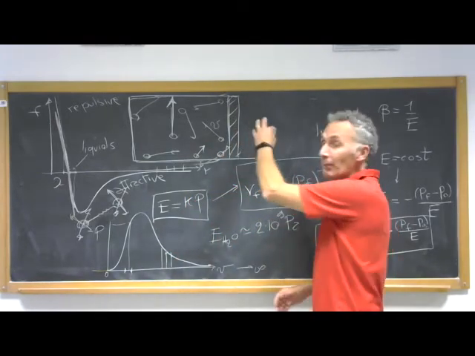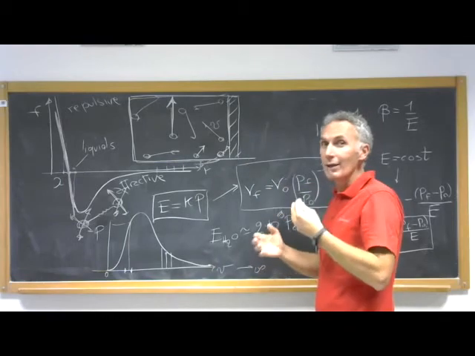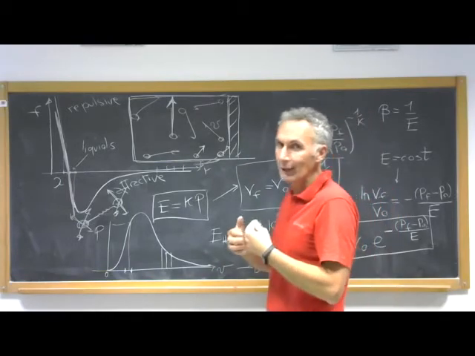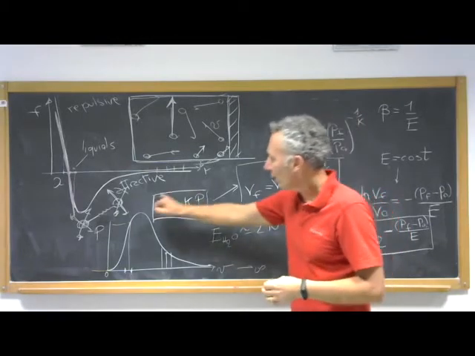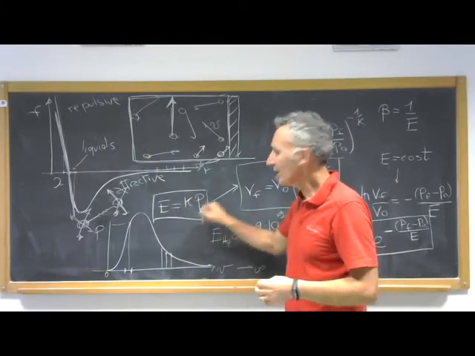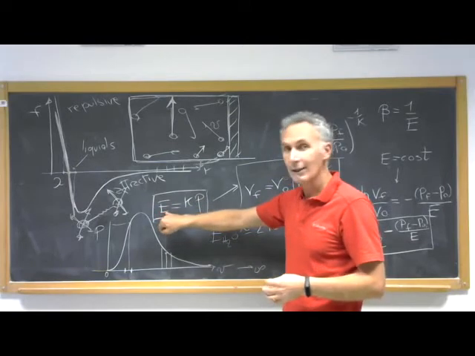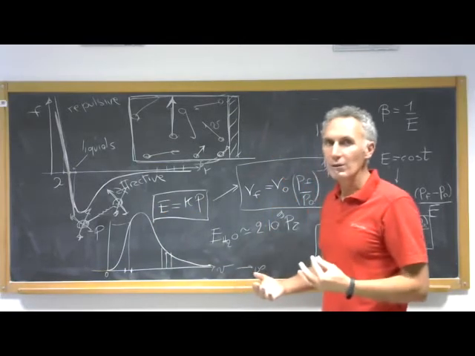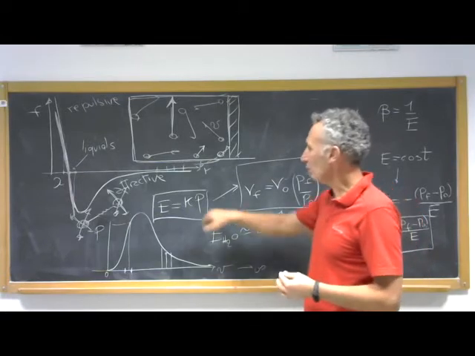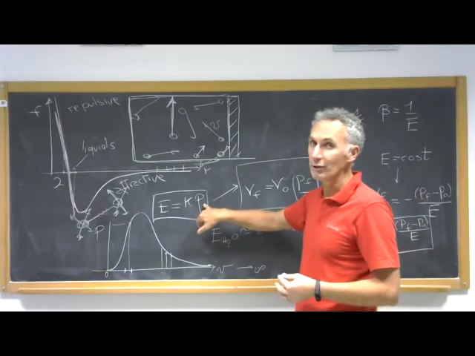And if you increase the pressure, you make the compression of the medium more difficult. Now, as you can see, this is what we see here. E, which is the resistance opposed by a material to being compressed, is proportional to pressure itself.